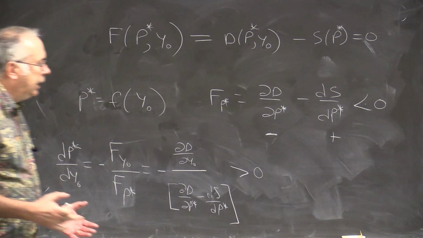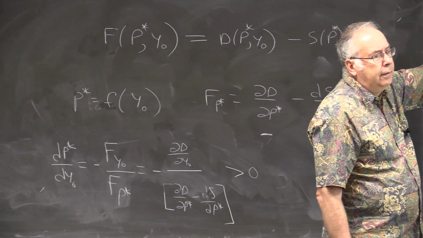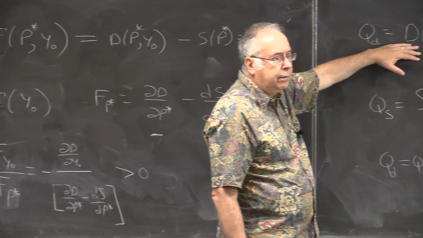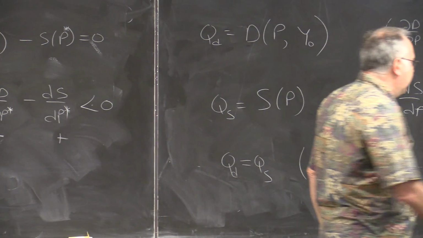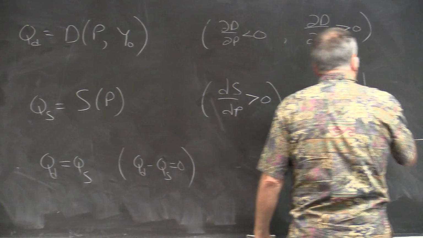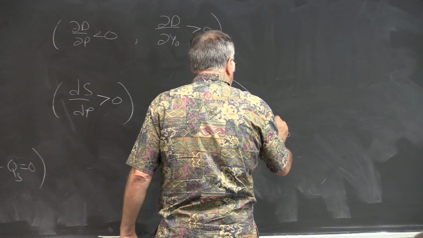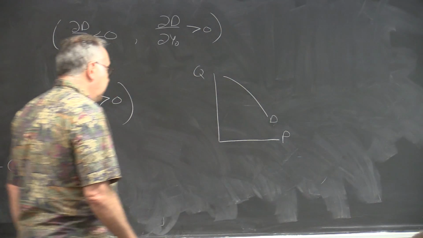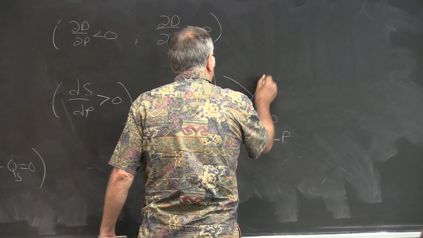Because as income goes up, what happens to the demand curve? You think of supply and demand diagrams. Here's the price, here's quantity. The demand curve is downward sloping. We don't know what its shape is, but it's always downward sloping. The supply curve is always upward sloping.